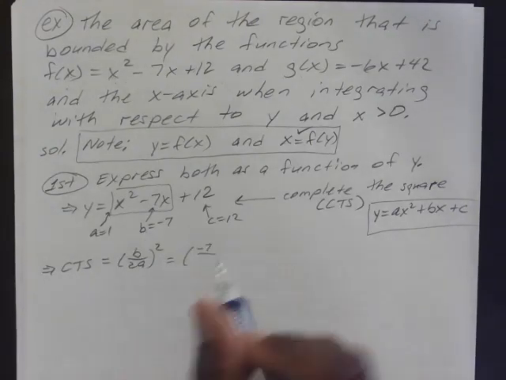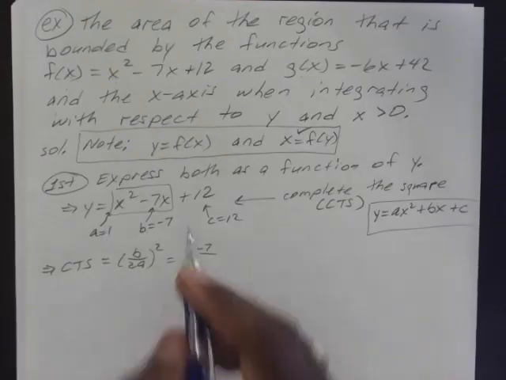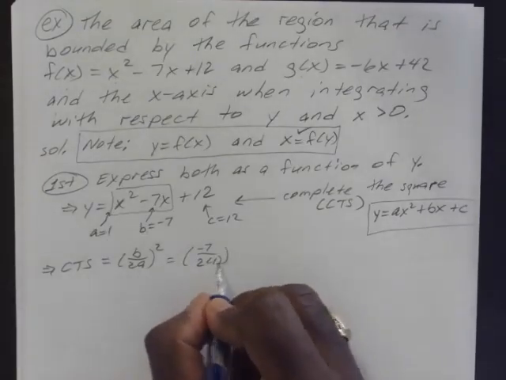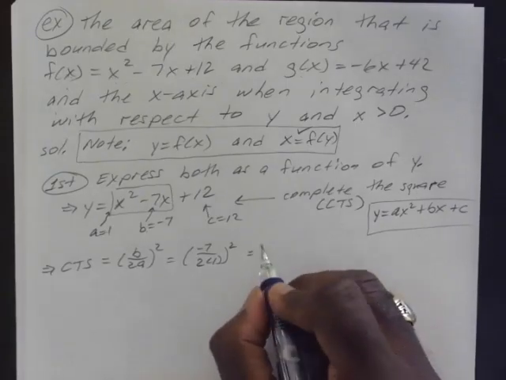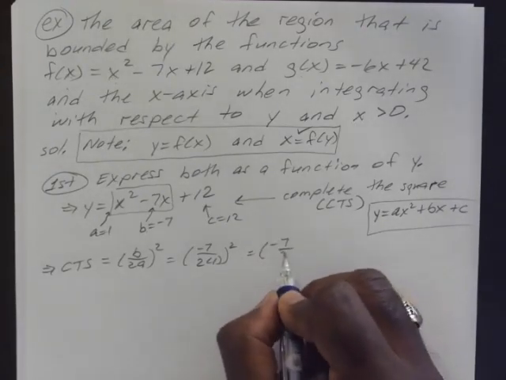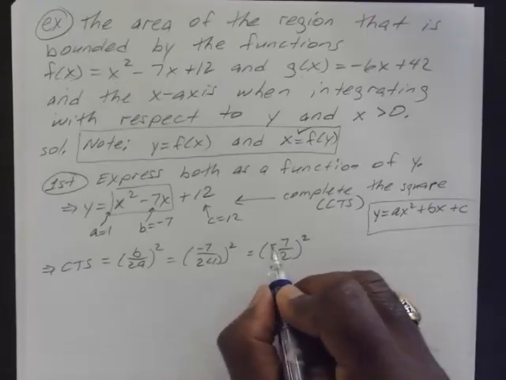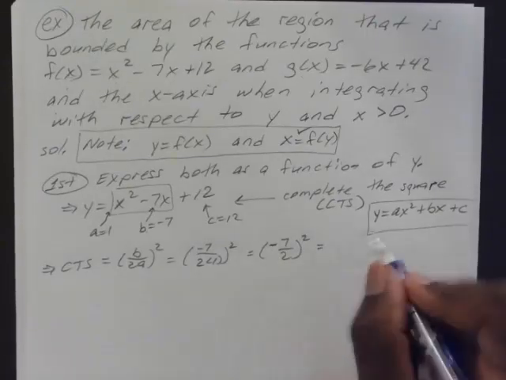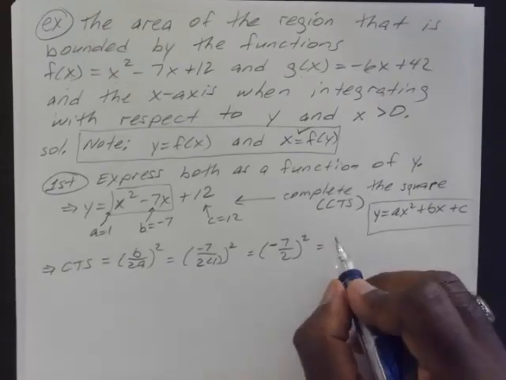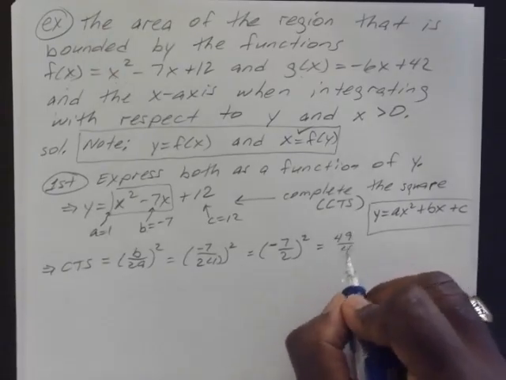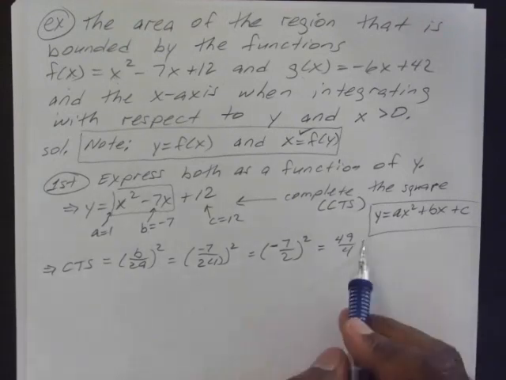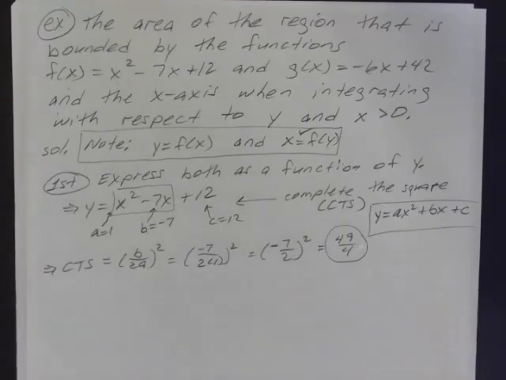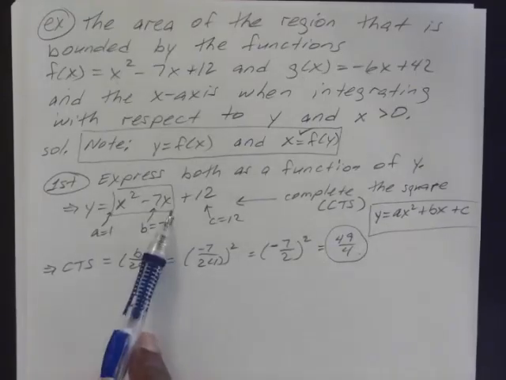So that's -7 divided by 2 times a, so that's 2 times 1, squared. So that's just -7 divided by 2, squared. Negative times negative is positive, so that gives us 49/4. So that value here, we're going to add and subtract it.